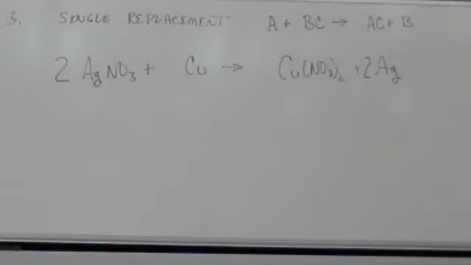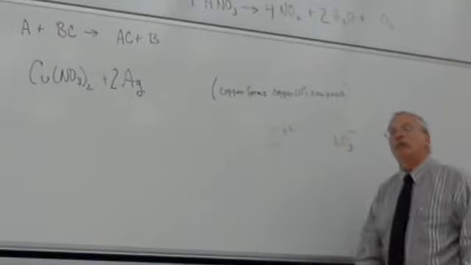Why did you put it behind nitrate instead of in front of it? Well, what does this mean to you? Right. That should mean that the copper is a positive 2. Now, what's a nitrate? -1, right?